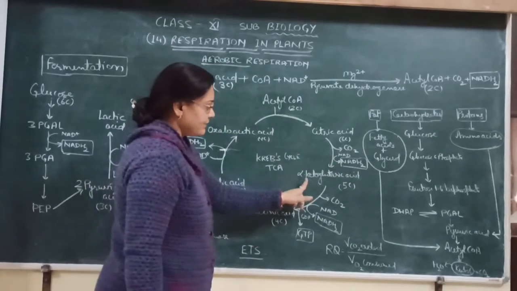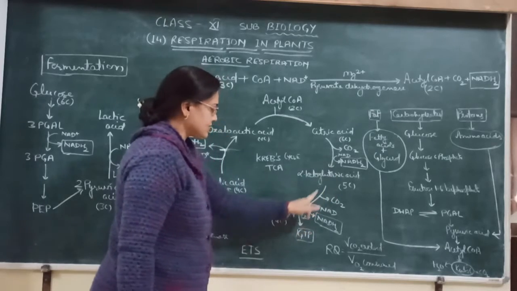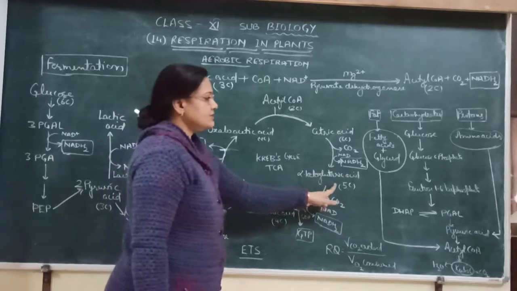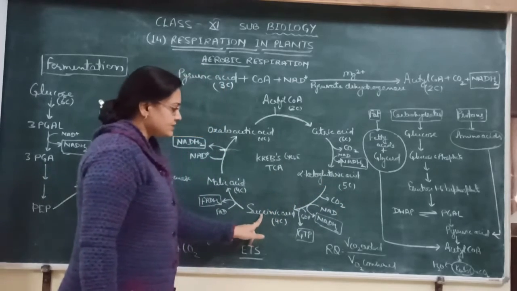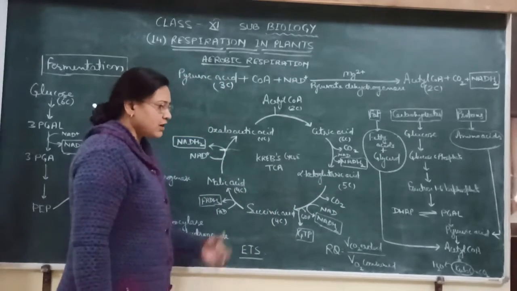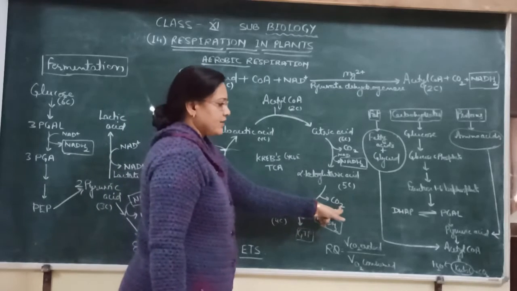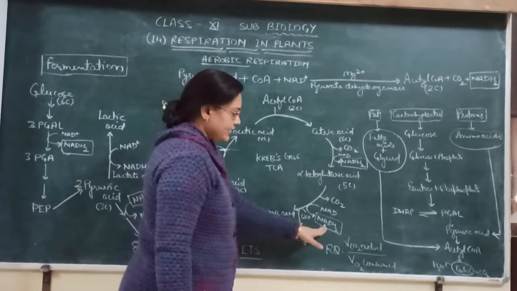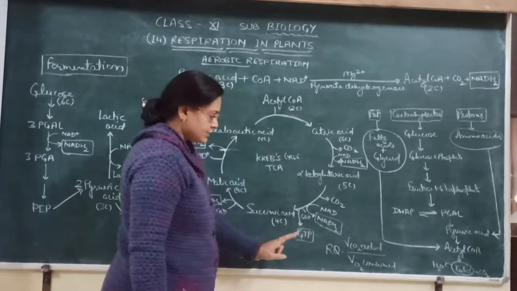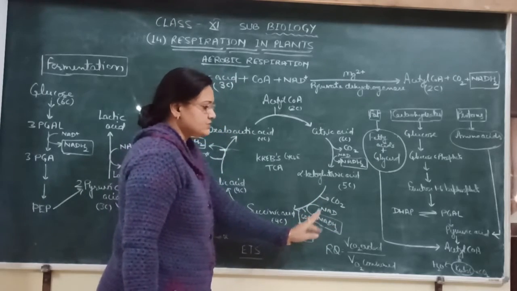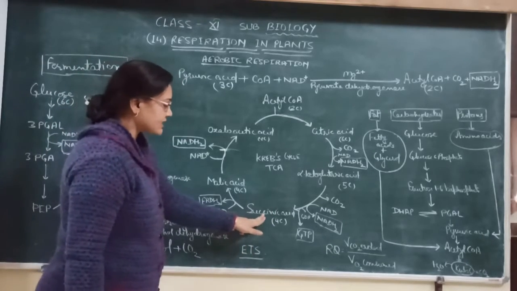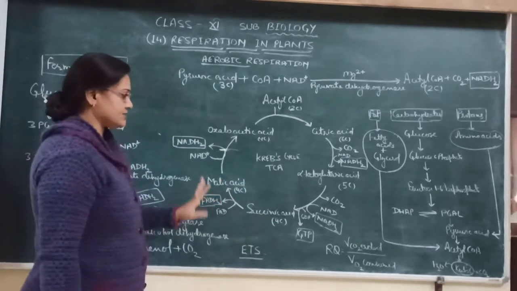Now in the next step, alpha-ketoglutaric acid is converted into succinic acid, a 4-carbon compound. Again, 1 molecule of carbon dioxide is released, and during it 1 NADH2 molecule and 1 GTP molecule are formed.